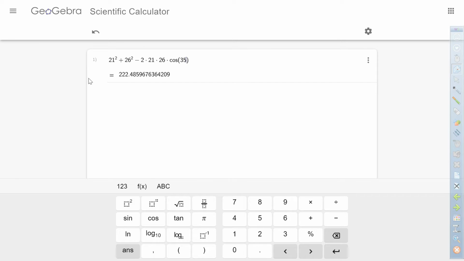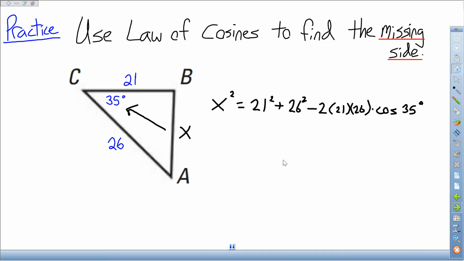I know that, okay, I'm taking the square root of both sides. So I'm going to take the square root. Oops. I always forget this thing requires me to click on this. There we go. Okay, but now I can take the square root of my answer, and I'm getting 14.91. So this is going to round to 14.9.